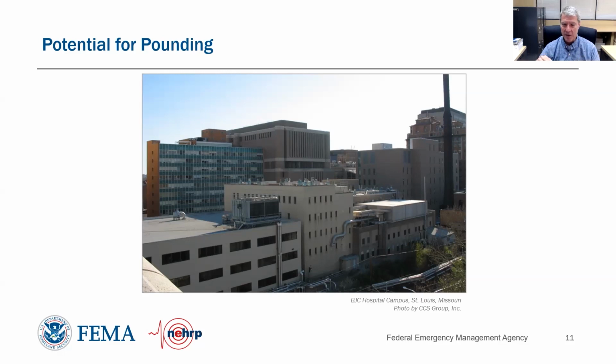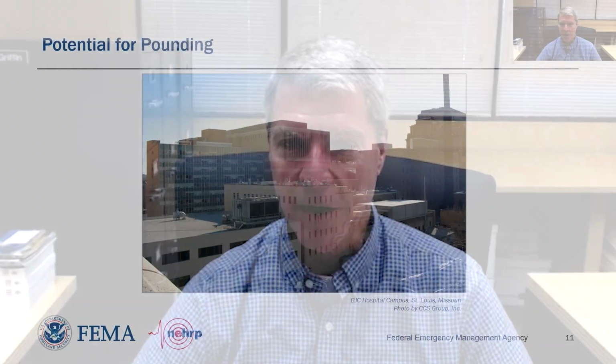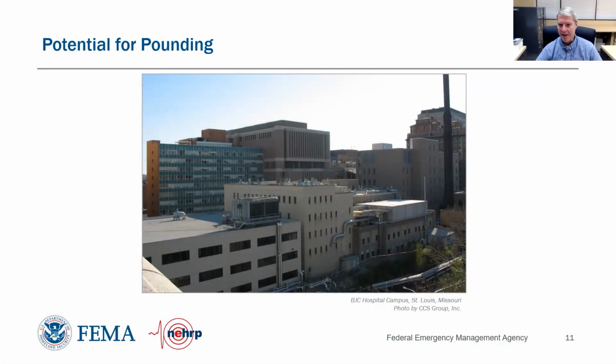It gets cold and snow in the winter, and so no one likes to walk outside. And so when they build a new building adjacent to an existing one, they want to be able to walk from one building to the next all the way throughout the campus. This photograph illustrates that to where you can have a pretty serious pounding problem if a moderate or large earthquake shakes this particular site.